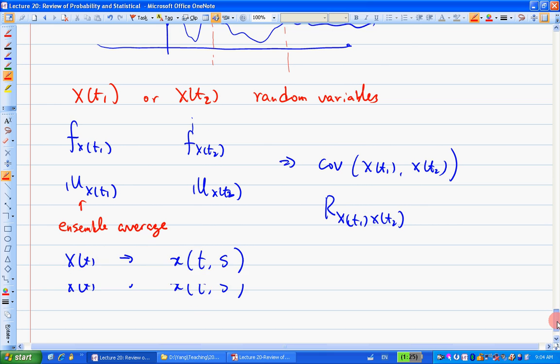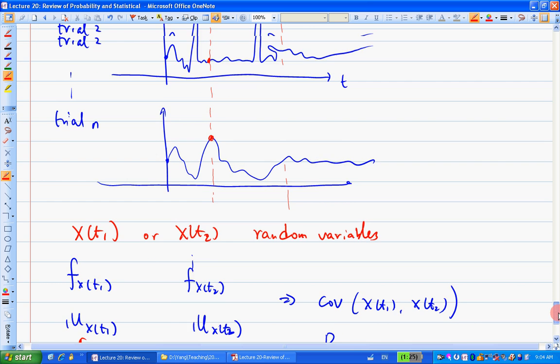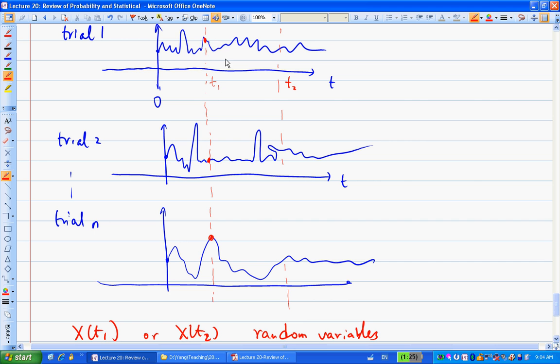Okay, so coming back to this stochastic process, let's think about a special case here. As we said, at each instant you have a mean value, you have a distribution, and you have a variance.